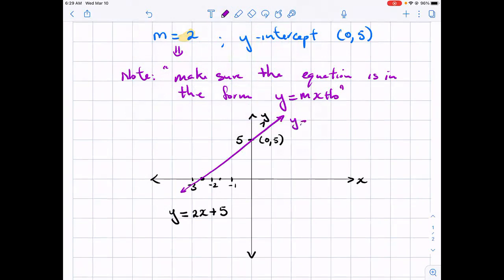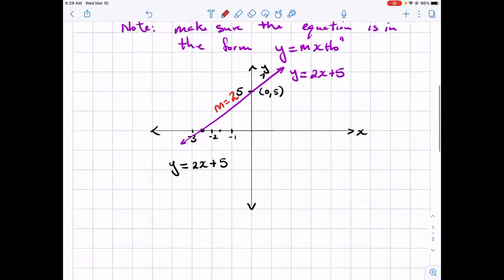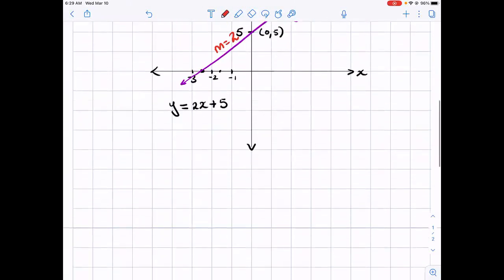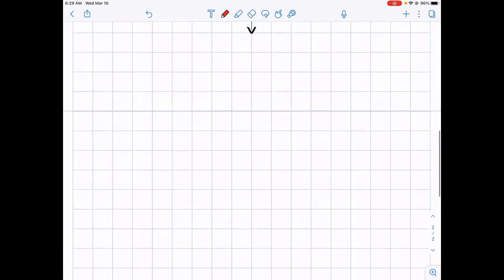So this is y equals 2x plus 5. Here m is positive 2. So this is linear, right? You can see that the graph here is increasing.